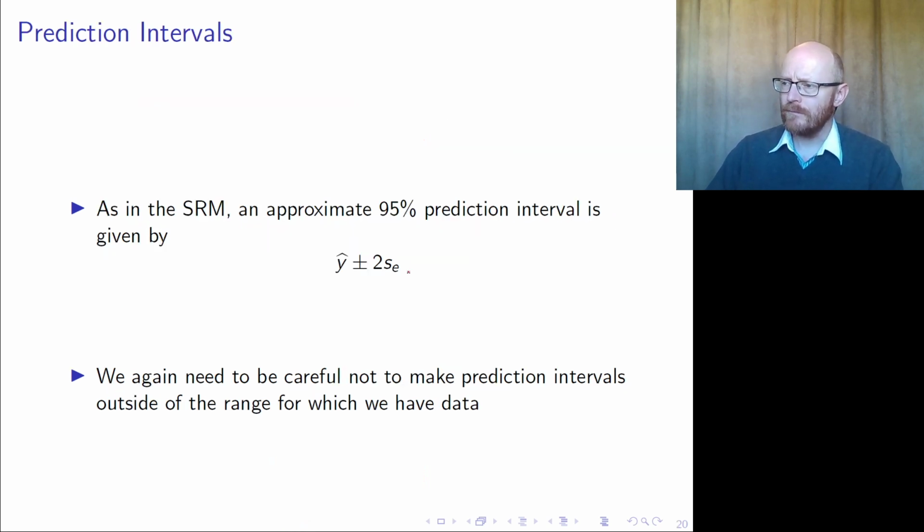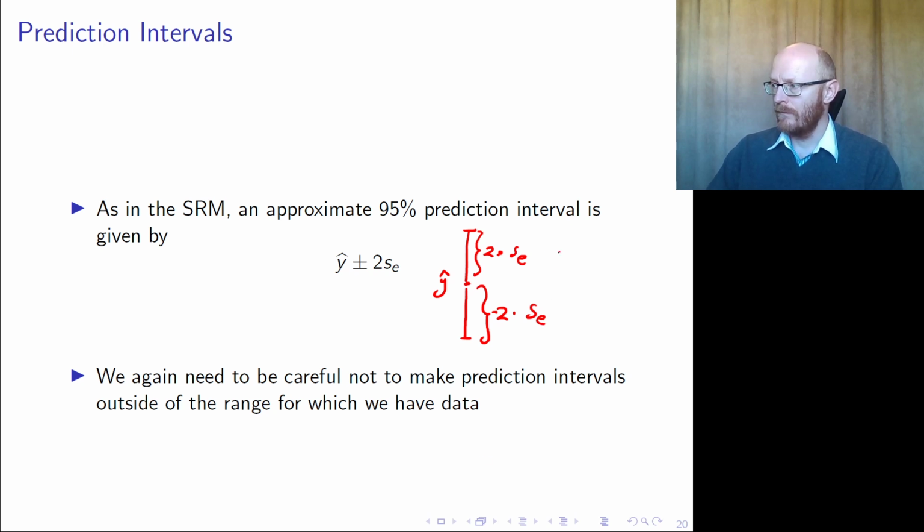To make the prediction interval, we saw that in the simple regression model, you could approximate the 95% prediction interval by forming a band around y hat, adding 2 times the standard deviation of the errors and subtracting 2 times the standard deviation of the errors, or the RMSE, root mean squared error.